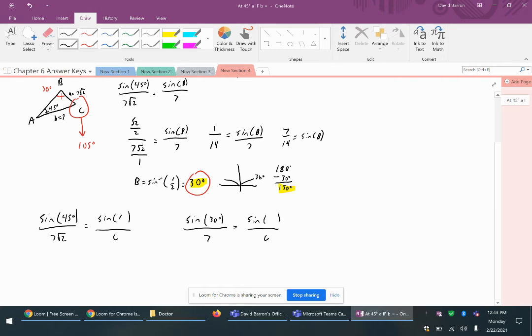So I could solve now for little c using either of these. What I want to point out is what you should always do: use the equation that uses the least amount of derived information.